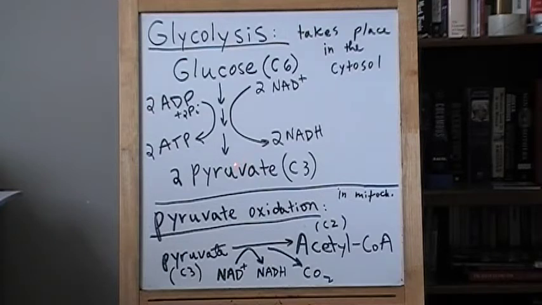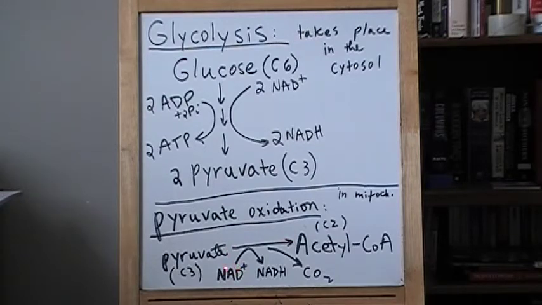The pyruvate is then brought into the mitochondrion, and then it's further oxidized. So this is showing the next step. It's pyruvate oxidation, and in this step the pyruvate is further oxidized.